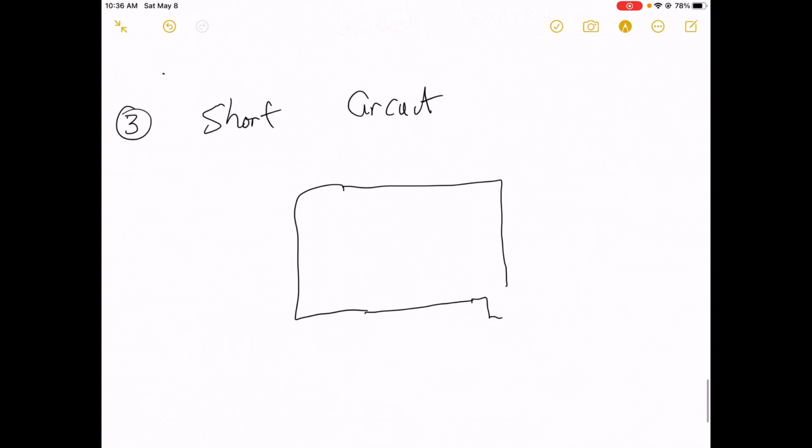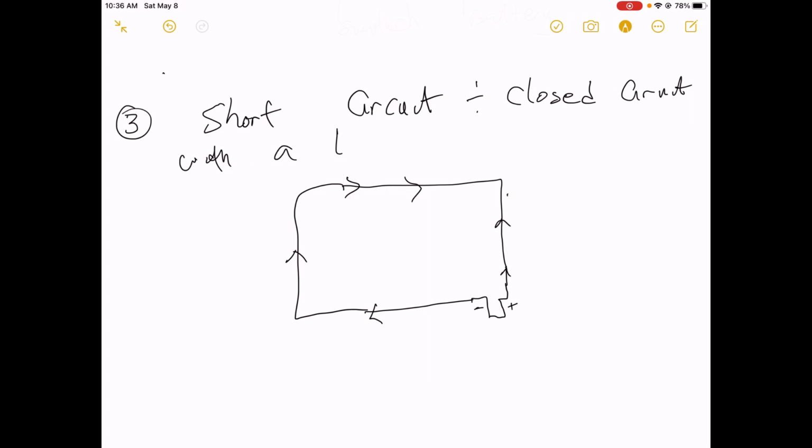When we have our battery and we have this, this is what they call a short circuit, a closed circuit without a load, or let's say a bulb, for example.